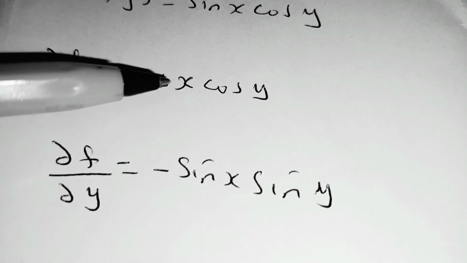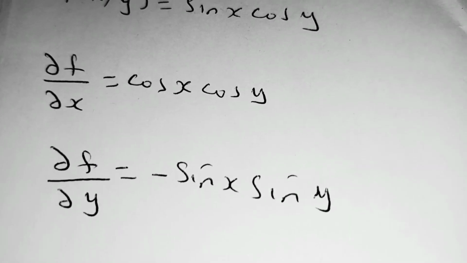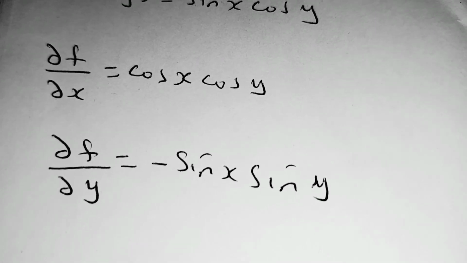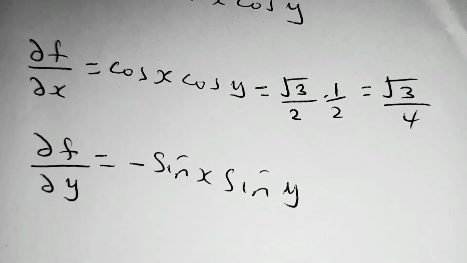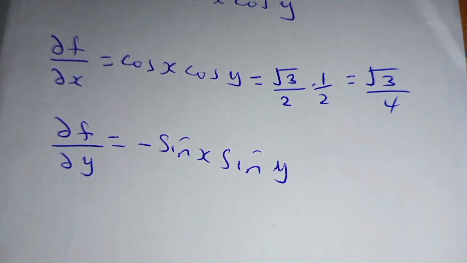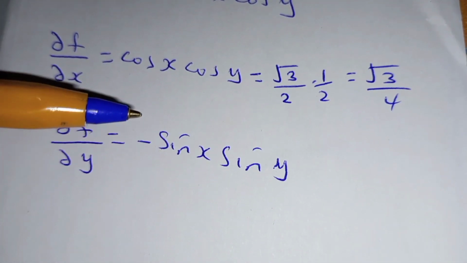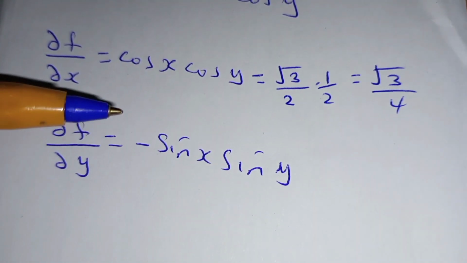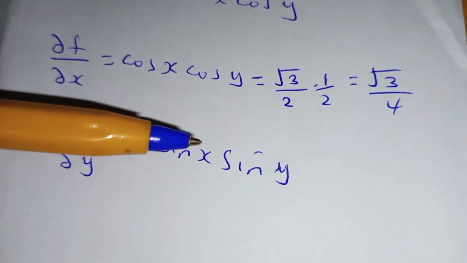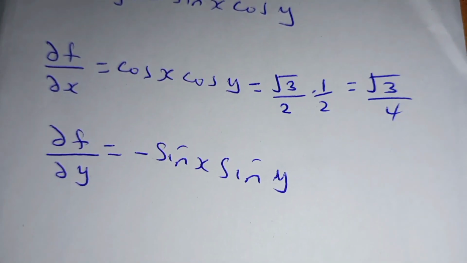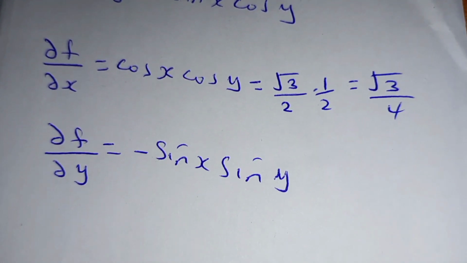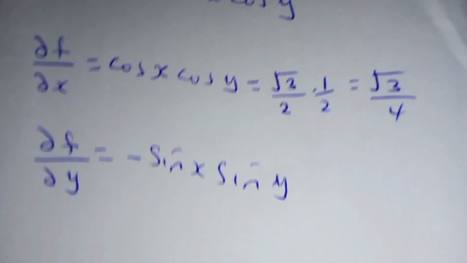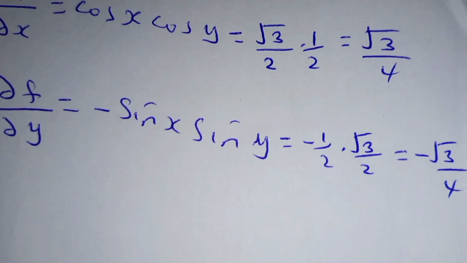So root 3 multiplied by a half will be root 3 over 4, as indicated here. Then we come here, sine of 30 degrees is half, and the sine of 60 degrees is root 3 over 2. So half times root 3 over 2 is root 3 over 4. So that is what we shall have.